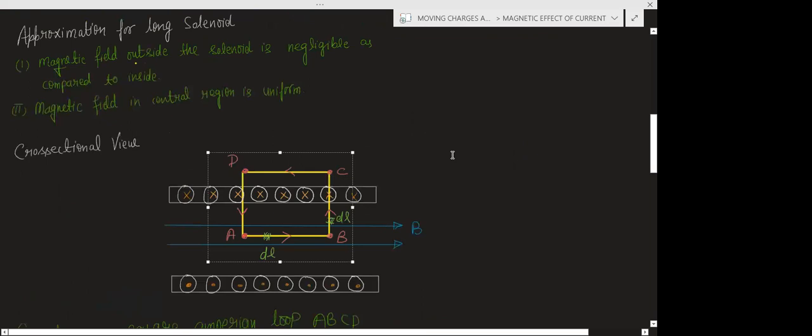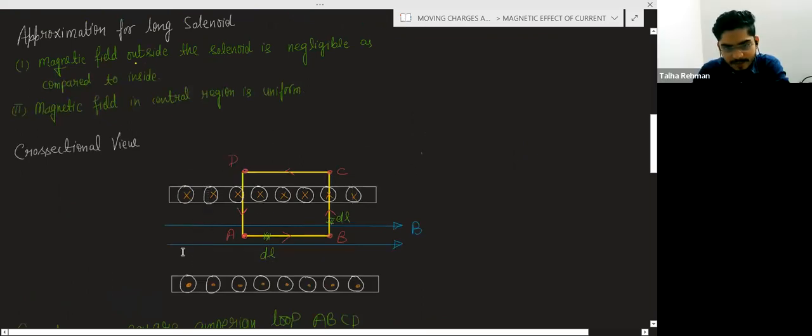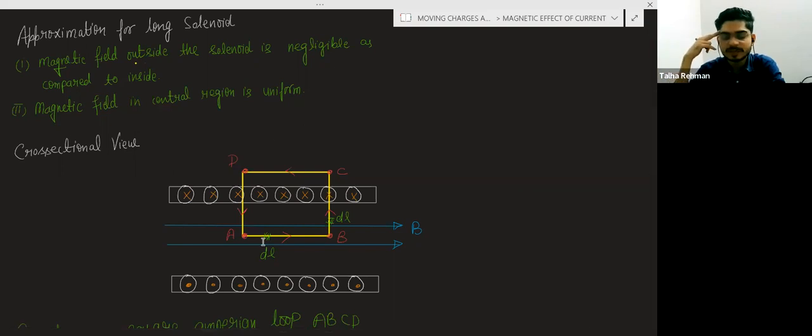Now this is the magnetic field. I have represented this magnetic field B, and this is the magnetic field B in the central region that we will calculate. Here we will use Ampere's law, and this time I am taking a square loop for calculating the magnetic field. Why am I not taking the circular loop?